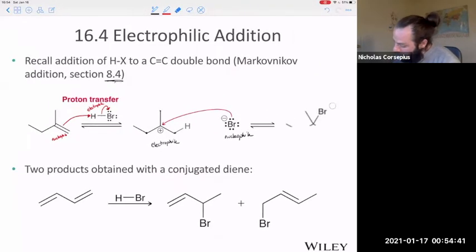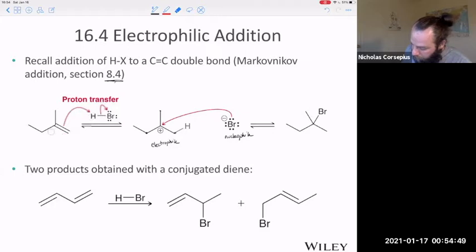And so I have this addition to this double bond. So notice what I started with was my alkene and HBr, and then I have this addition reaction. Just to be clear, this hydrogen here is now on that carbon there.